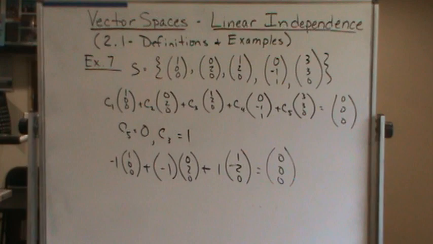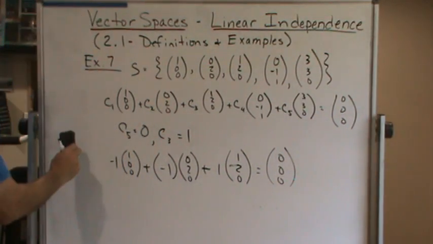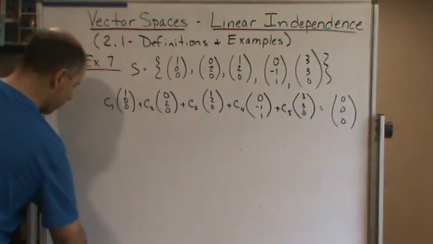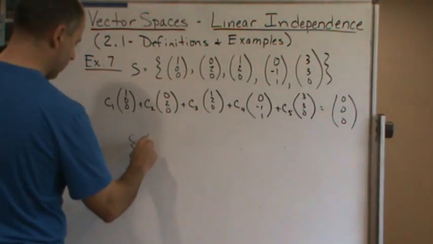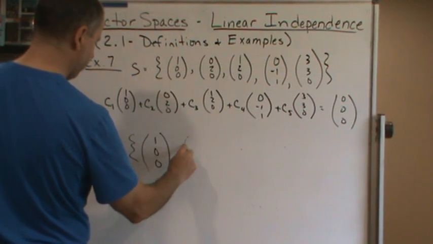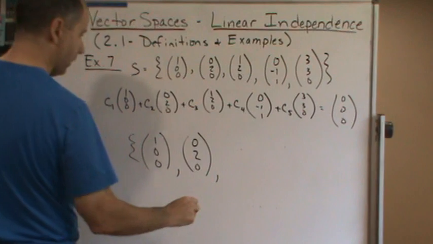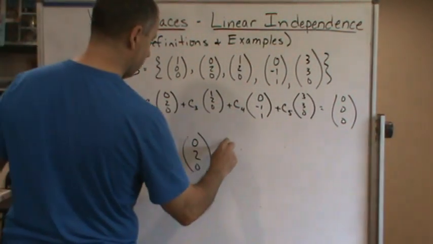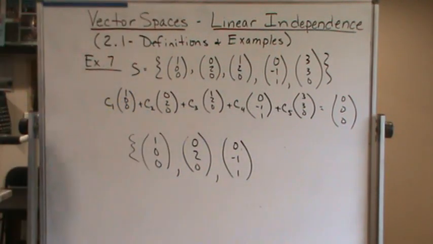And so now, what does that tell us? Well, that means that we can have a set of vectors, and that set of vectors is going to be (1, 0, 0), (0, 2, 0), and (0, negative 1, 1), right?